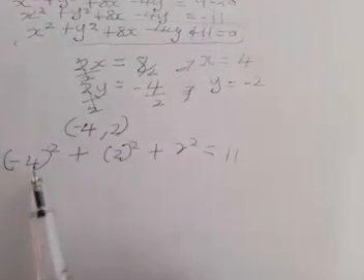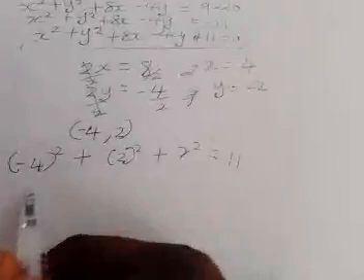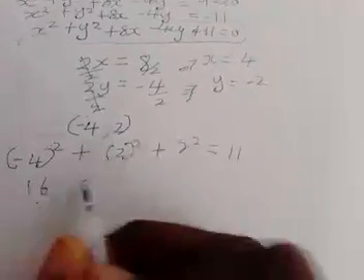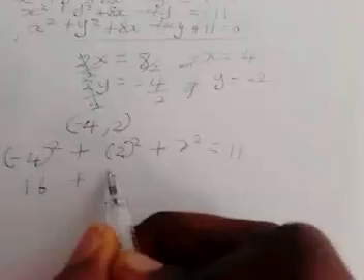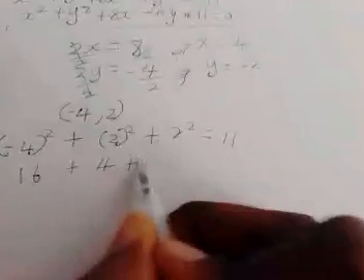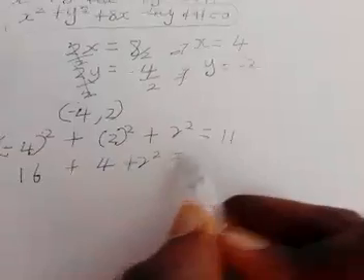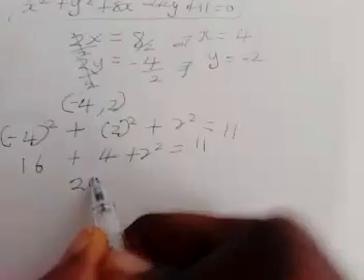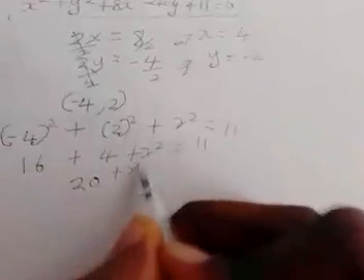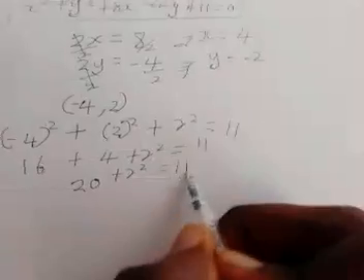So this square is 16 plus 2 squared is 4, plus r squared equals 11. 16 plus 4 is 20 plus r squared equals 11.